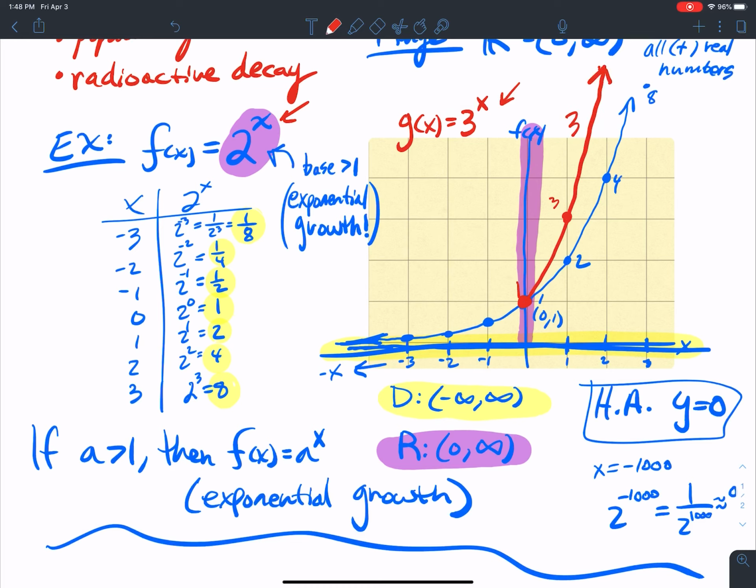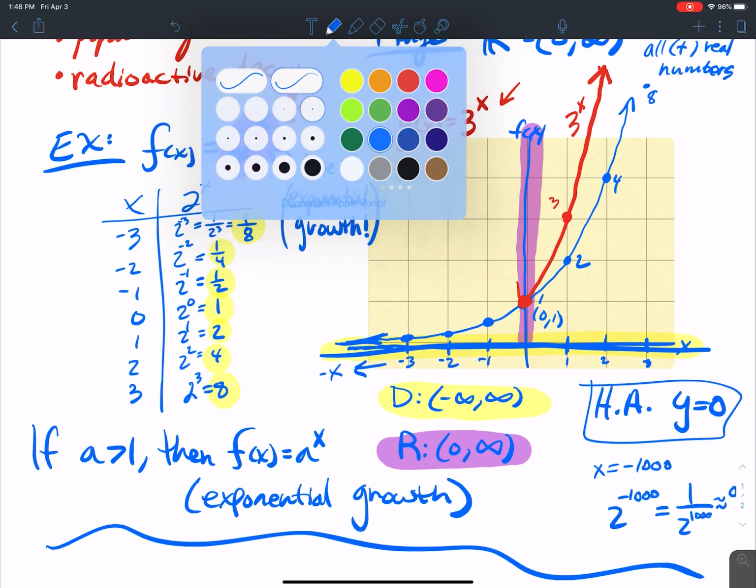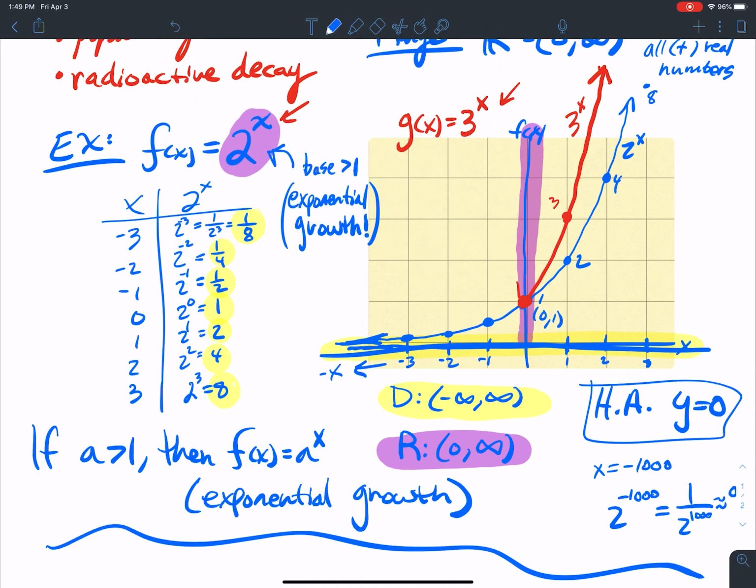And so it just shoots up super fast. So that's 3 to the x versus 2 to the x. Now the flip side of it shooting up faster this way is that it's going down to the x-axis faster on that side.